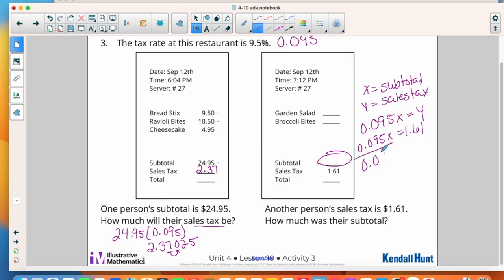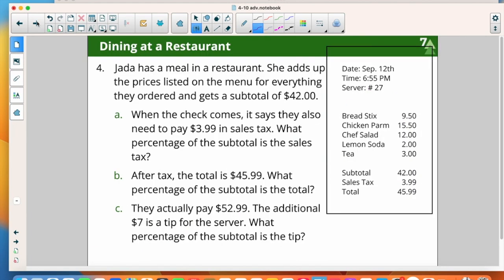We're going to divide by 0.095, and we end up with X is 16.947, but again, rounding for money, it is $16.95.